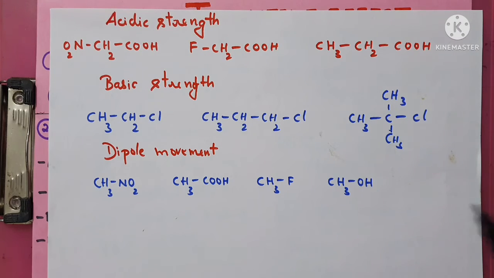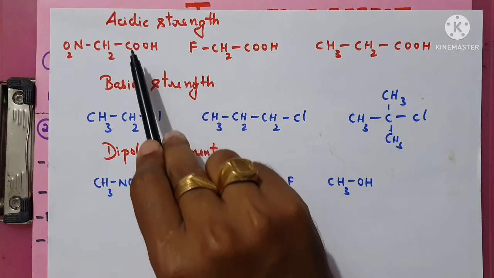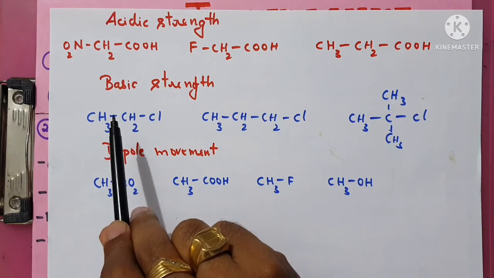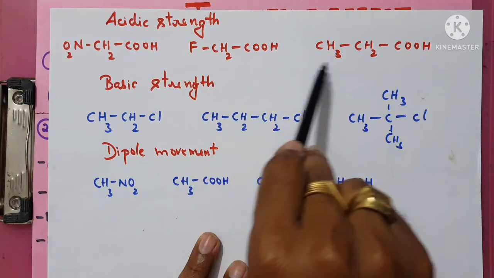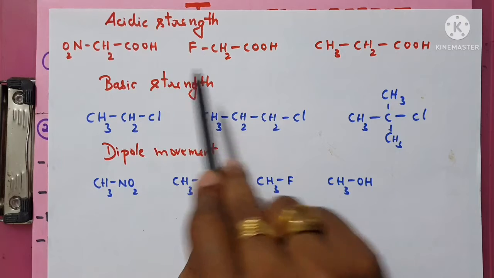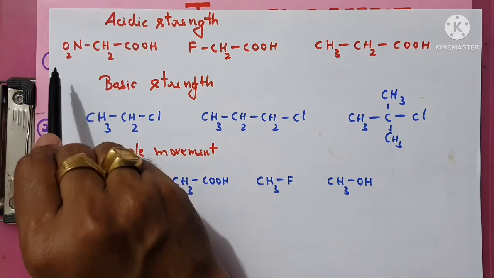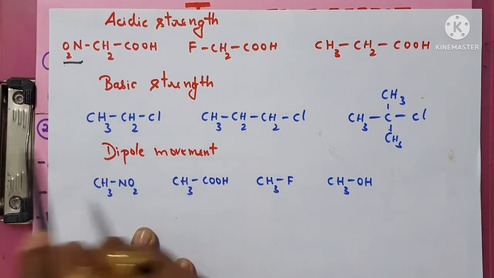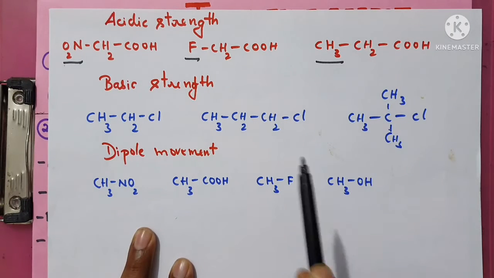Yes children, if you observe here, let us find the order of the acidic strength, the one which has the highest acidic strength. If you observe, everywhere we have a carboxylic acid. Now this group, what you are seeing here, NO2 group, F fluorine group and CH3 group, will decide the acidic strength.